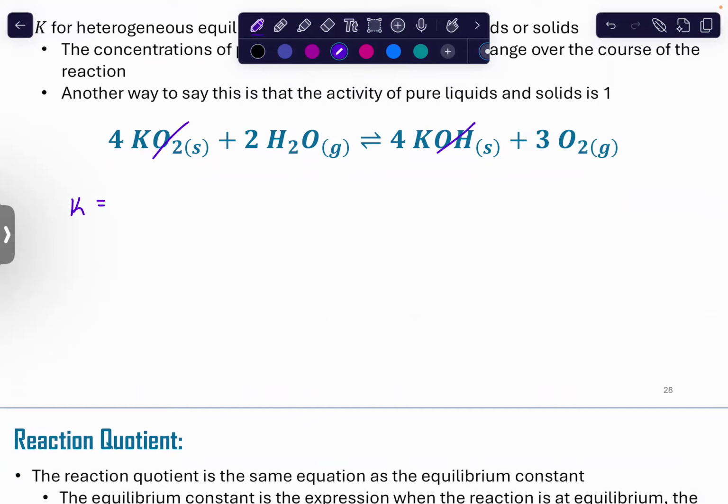So we would have O2 cubed, H2O squared, or you could also use the Kp, the pressure equilibrium.